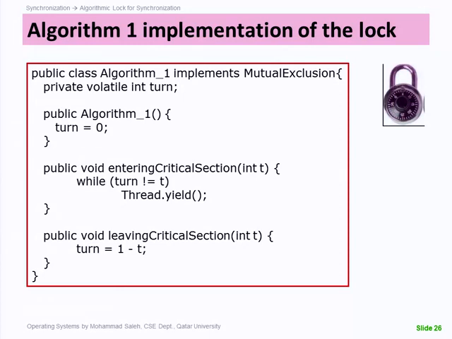Volatile means always retrieve the value for this variable from memory, not from cache. From where? Memory. To make sure that if one of the workers updated it, you always get the latest update. Right.